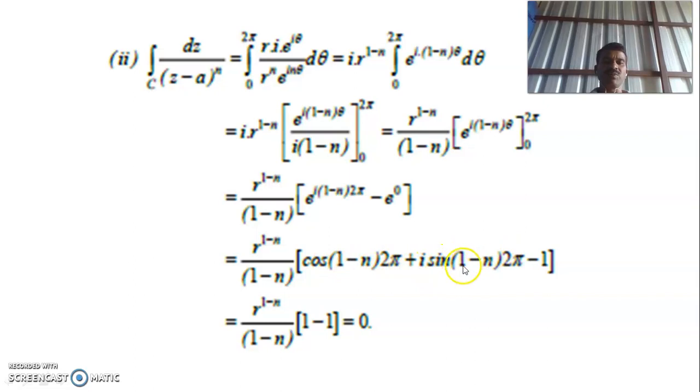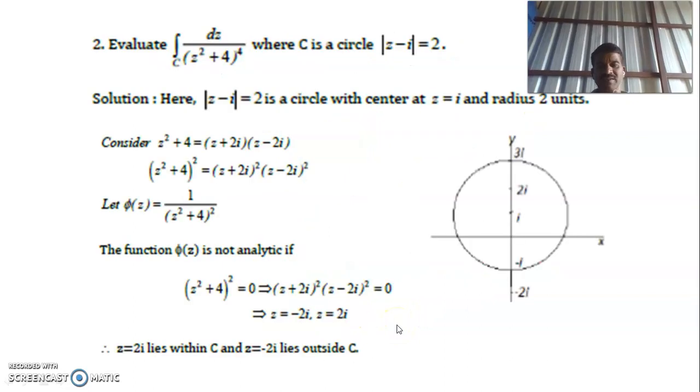The sine of (1 minus n) theta is 0, and only the cos of (1 minus n) into 2 pi term remains, which is 1, and 1 minus 1 is 0. That is the result.